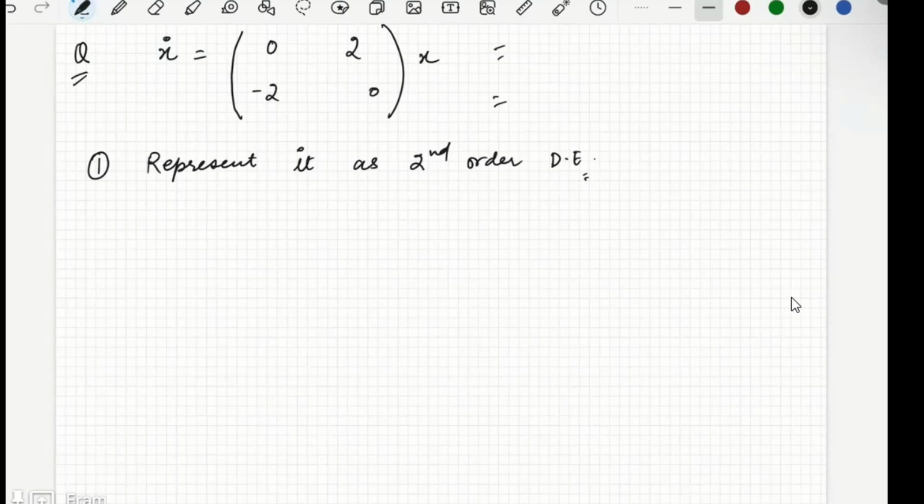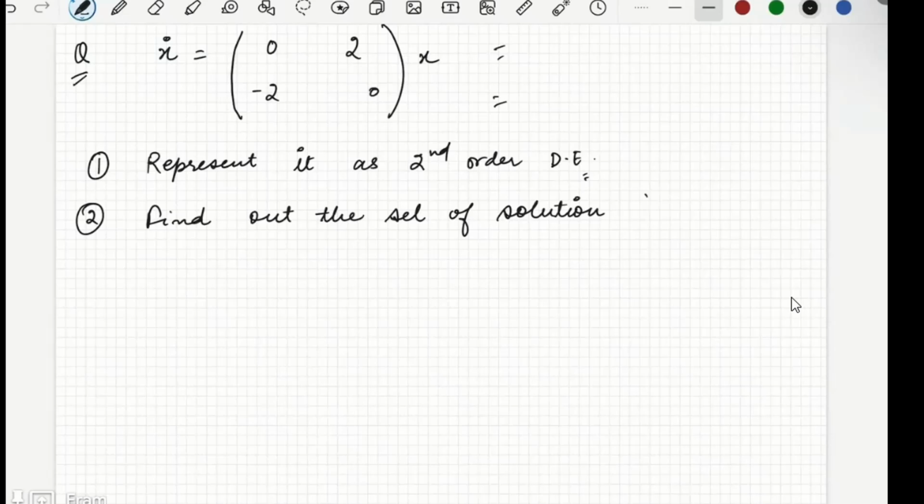And then we have to find the solution for y dash.